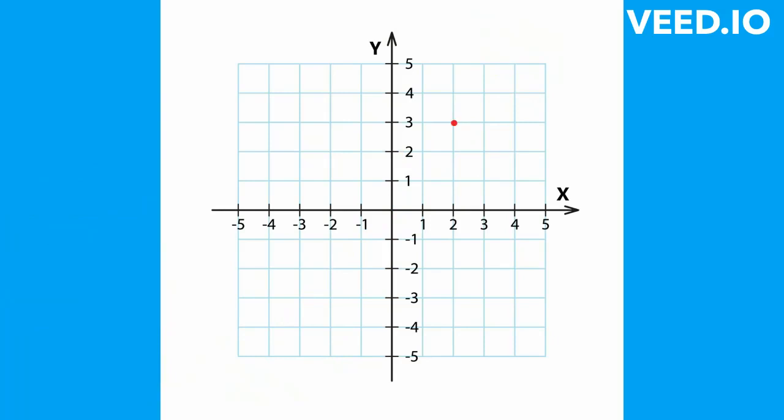We have a point here and we have one more point here. Let's try to join them, make a straight line, and try to find the slope of this line. Is the line rising as we move along the x-axis? Observe that.